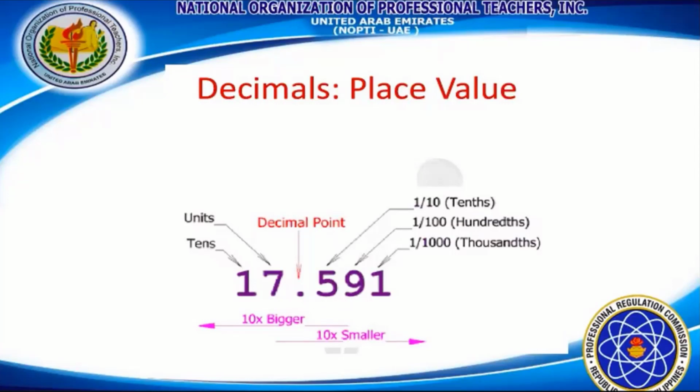Okay? Pero kung express your answer in whole number, anong magiging sagot dyan? 18. Whole number siya, wala siyang point. So, it's 18 kasi this is already 17.59. So, magiging 18 na siya. Okay? So, decimals, that is place value.